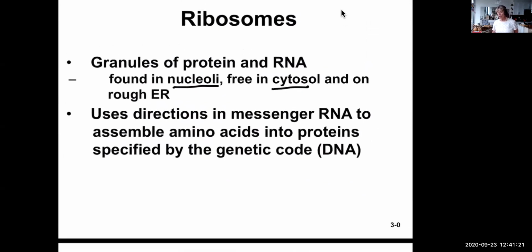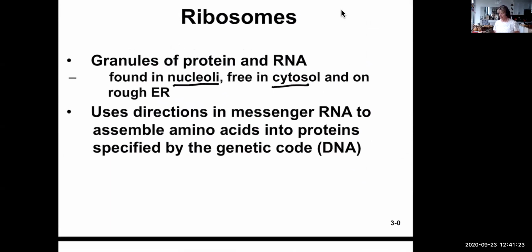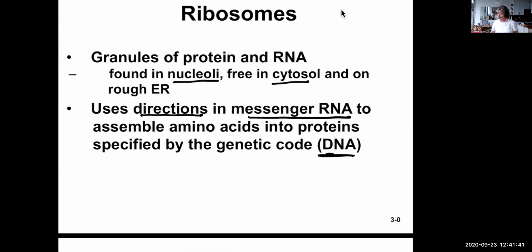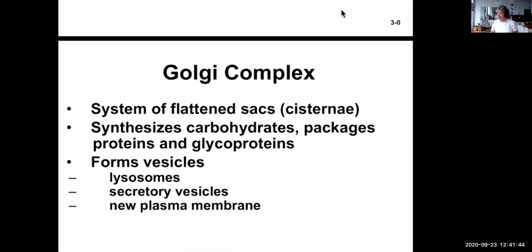So ribosomes function to make proteins. To do that, they use directions in messenger RNA, and the messenger RNA is transcribed from DNA. So that's how you get proteins from DNA, through this messenger called messenger RNA. And the ribosomes have that function.